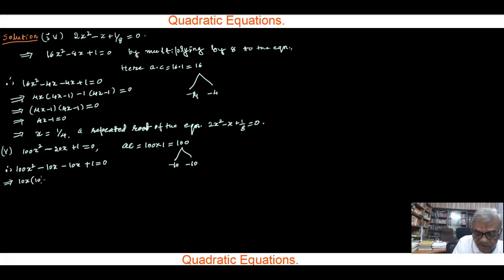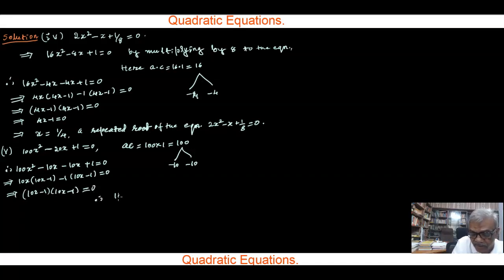That is going to be 10x minus 1 into 10x minus 1 equal to 0.